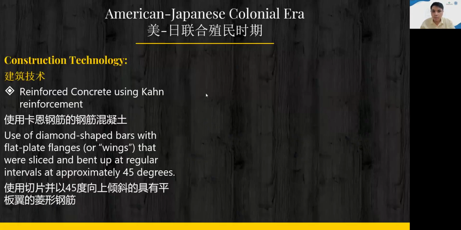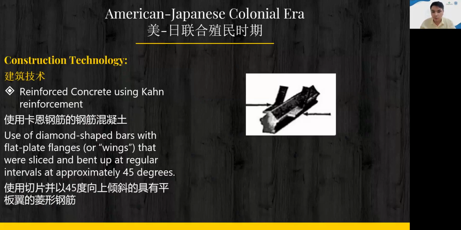We now describe the American-Japanese colonial era in terms of the construction technology. The use of reinforced concrete with can reinforcement. This is an example of a type of reinforcement called the can reinforcement.